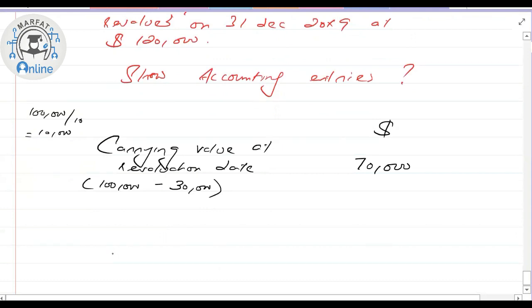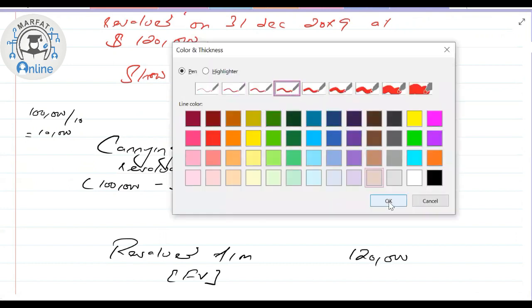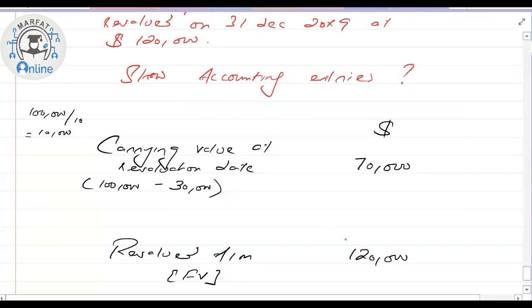Then we have the revalued amount, which is the fair value. Now the fair value is 120,000. So the difference between the carrying value and the fair value is the revaluation gain, which is 50,000.